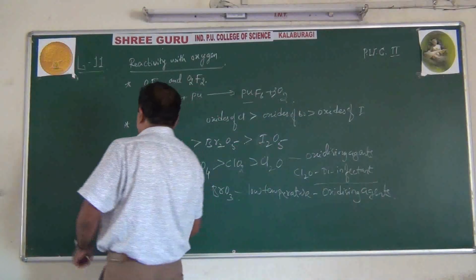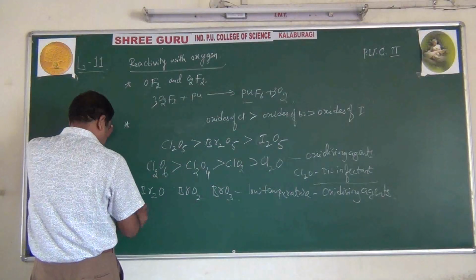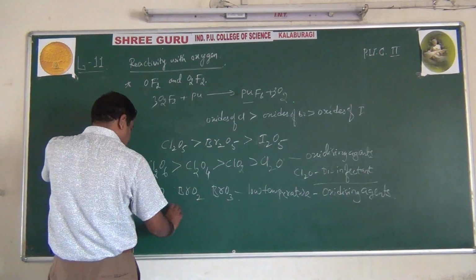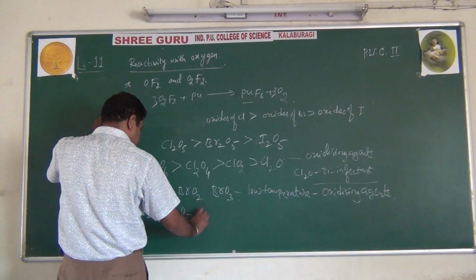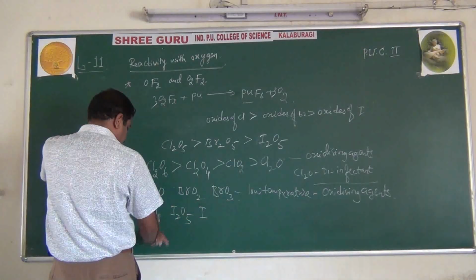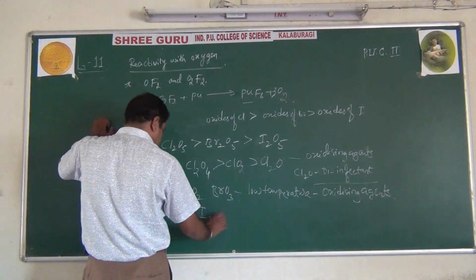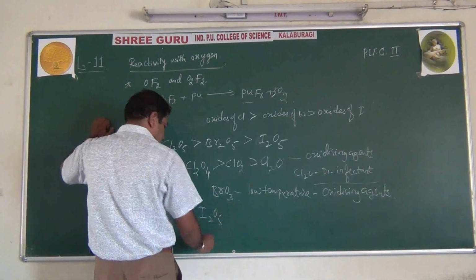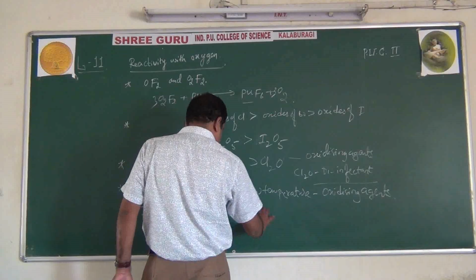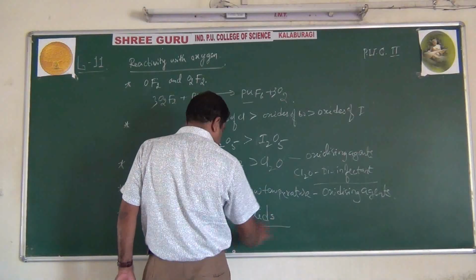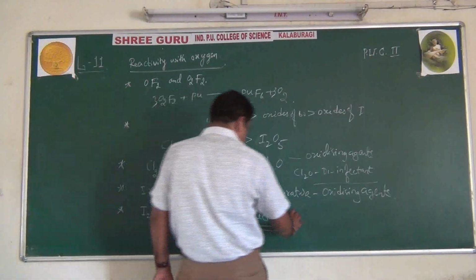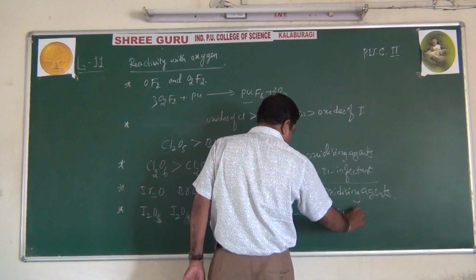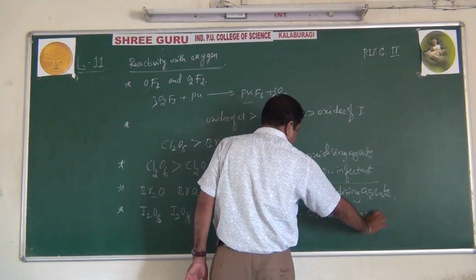And lastly, iodine also forms I2O4, I2O5, and I2O3, and they exist as solids. These are also powerful oxidizing agents.